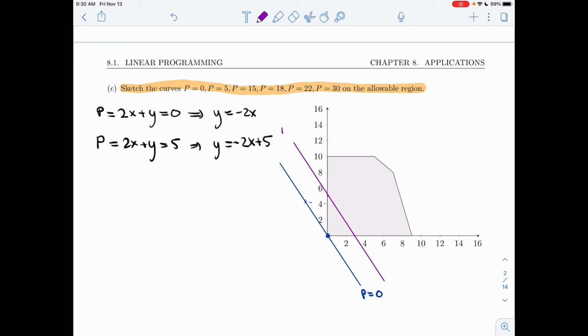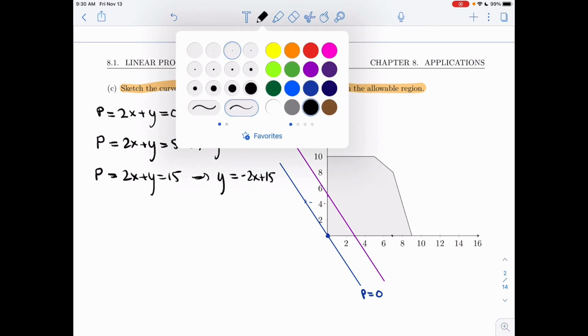So this is p equals 5. All right, it's parallel to the blue one. What about p equals 15? I'm getting minus 2x plus 15, so it's going to hit at 15 and at 15 halves.